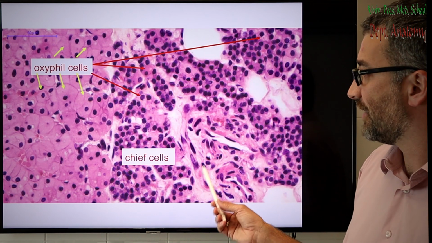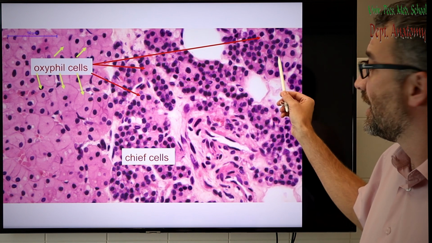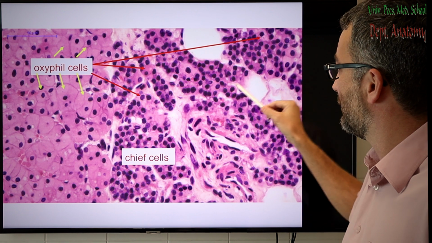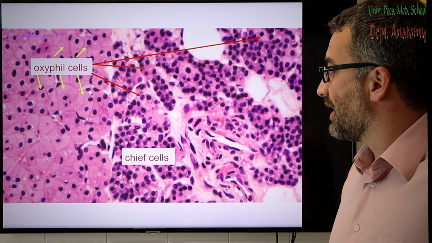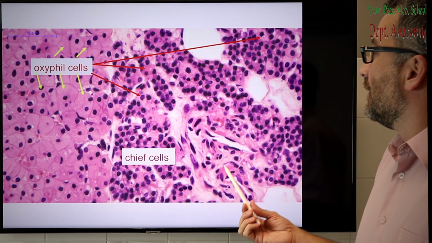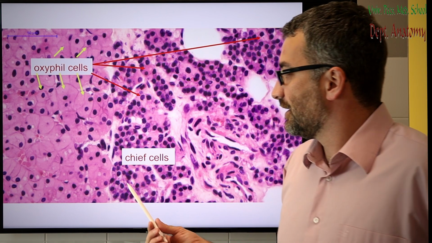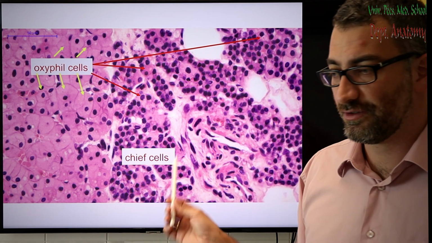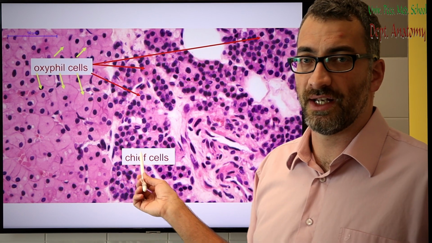With the larger magnification we can see that these cells are actually quite small endocrine cells with relatively thin cytoplasm, which means this is a relatively cell-rich tissue. You need to be careful not to confuse these endocrine cells with lymphocytes, and so not to confuse this organ with lymphatic tissues.